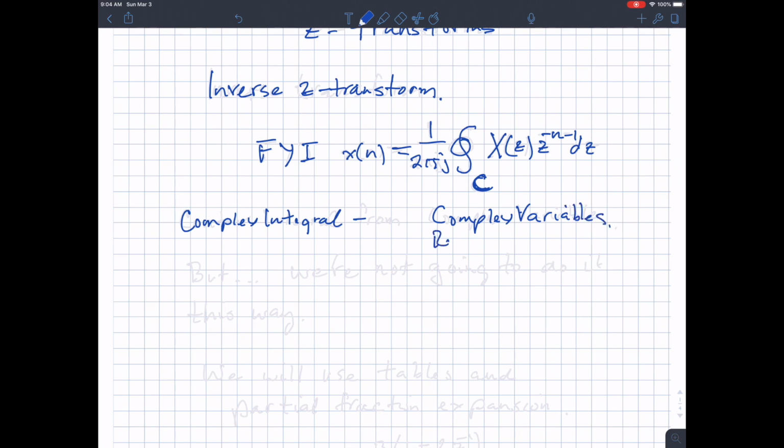The residue theorem is something that probably comes to your mind from that class. But we're not going to do it this way.